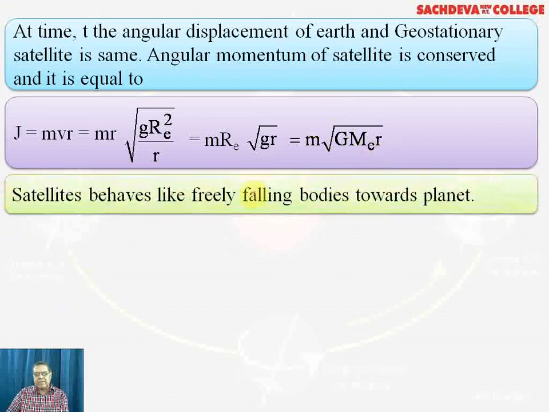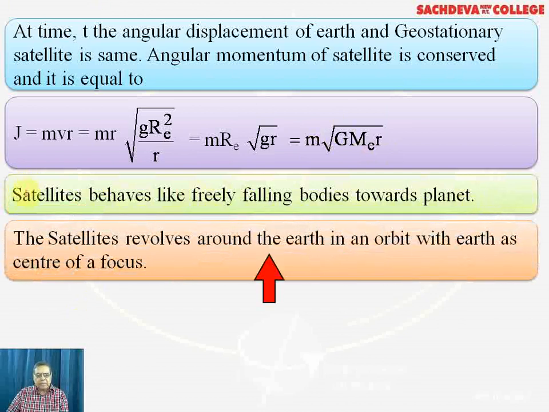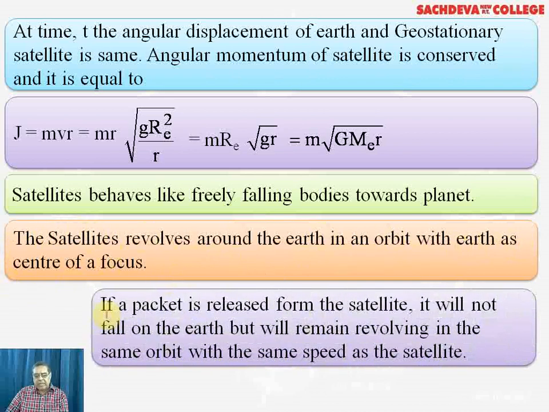Satellite behaves like a freely falling body towards the planet. The satellite revolves around the Earth in an orbit with Earth as the center of the focus. Now, we'll take a concept of a packet falling on the surface of Earth. If a person is standing on the surface of Earth and he has a packet of some material, we find that if that person releases the packet, it will come towards the surface of Earth.